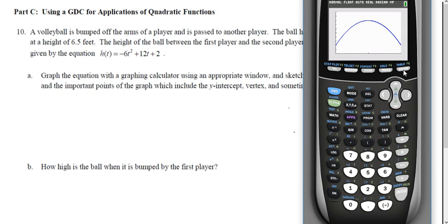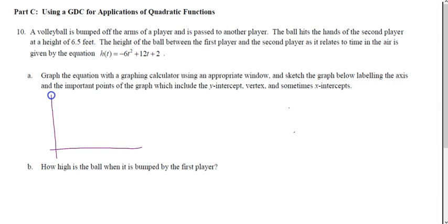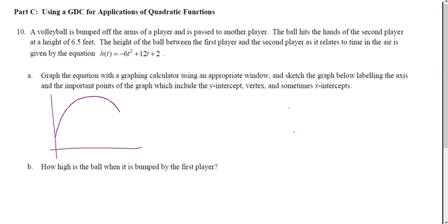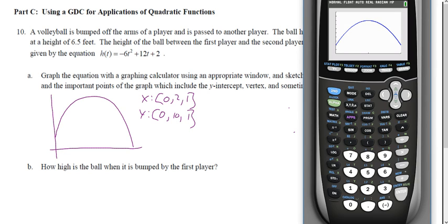So this is our graph of the equation with an appropriate window. Our x values were 0 to 2, and our y values 0 to 10. Important points: y-intercept, vertex, x-intercepts.